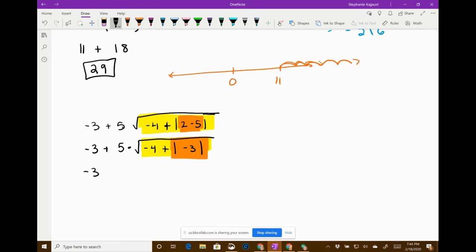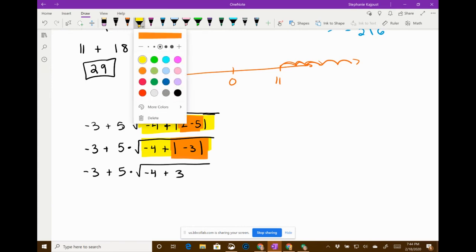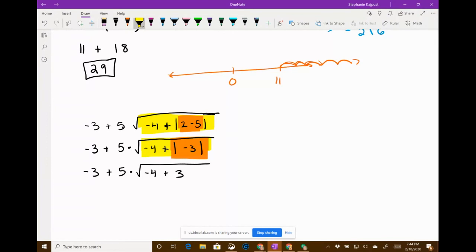And when you do that, the symbol disappears. So I have my square root of -4 plus, and then that is going to become a 3 because that absolute value removes that negative sign.